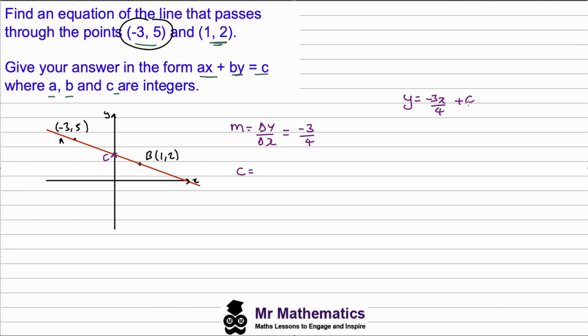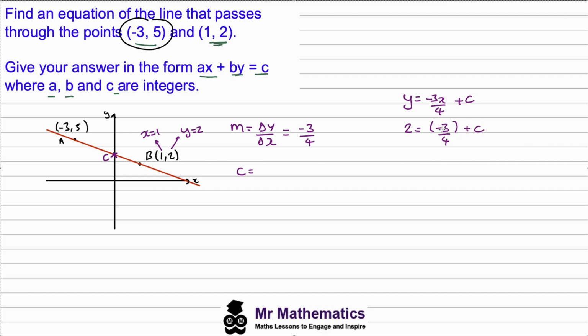Now we can work out the intercept using a coordinate with the x and the y values. So if we use point B, where x equals 1 and y equals 2, we can substitute each of these into this equation. So 2 will be -3 over 4 times x, which is 1, plus c.